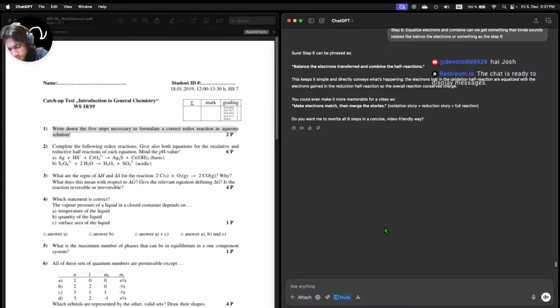So, five steps to redox. Step 1, separate the oxidation half and reduction half reactions.